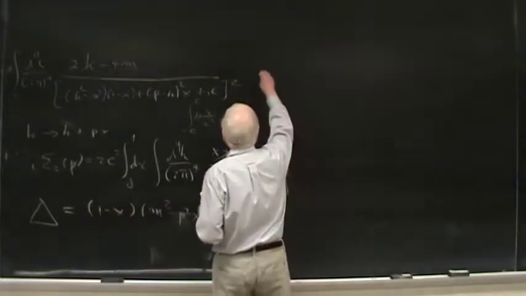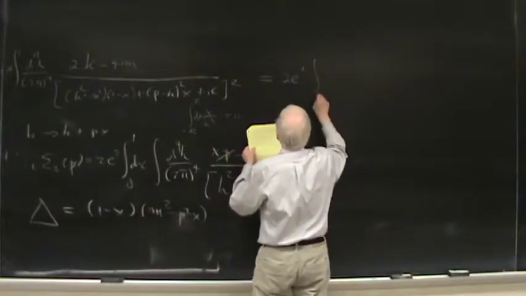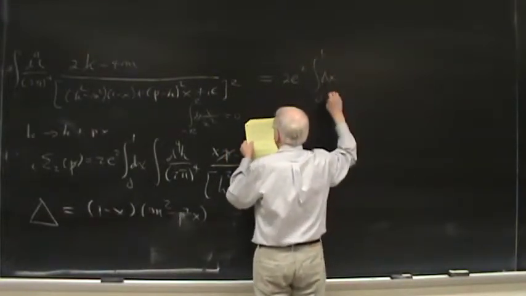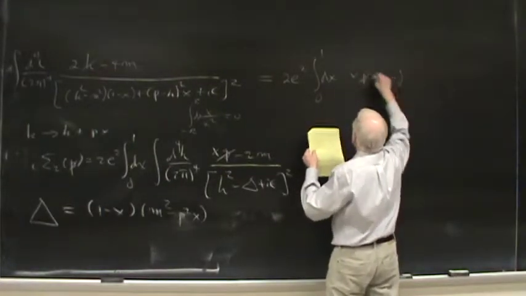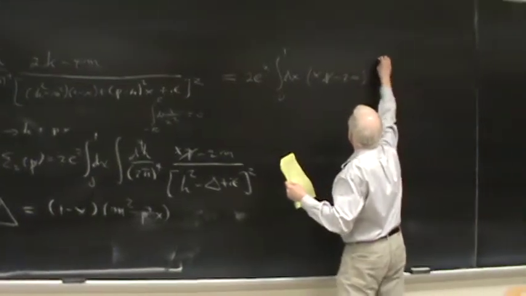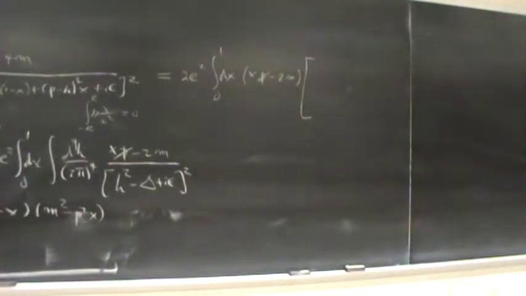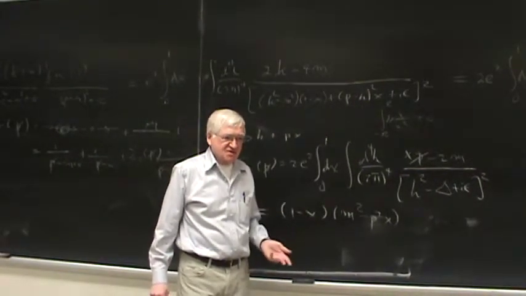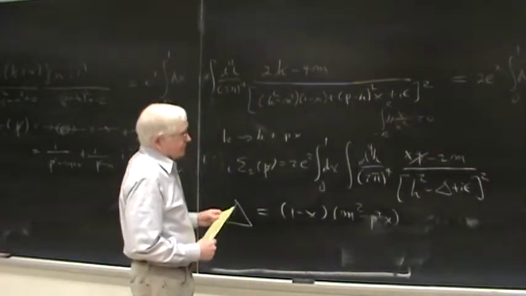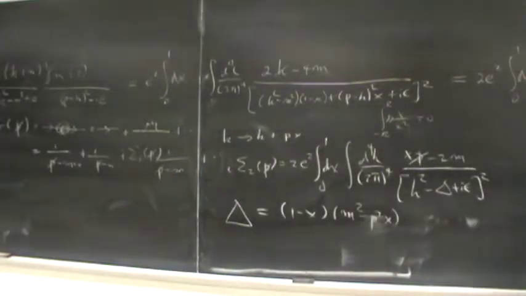All right, anyway, what I'm going to do is rewrite this as 2e squared integral 0 to 1 dx, and I'm pulling out x p-slash minus 2m because they aren't involved. So here's where I'm departing from Schwartz. I'm doing this thing in a simple way, and it turns out that we'll get basically instantaneously the result he gets about 8 pages later. On the other hand, can one systematize what I'm doing? I don't know. Okay.